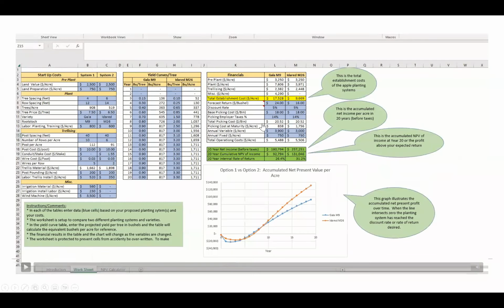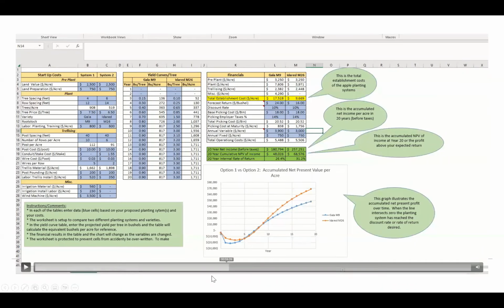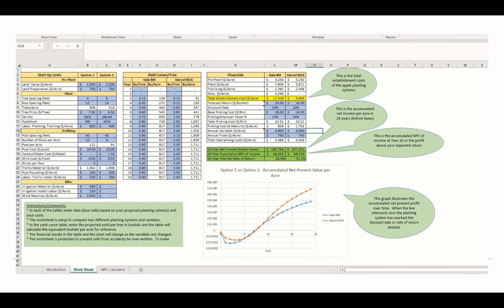And then I think I went through this at one point. Let me scroll ahead. You have a 5% discount rate here. If I adjust it to a 10% discount rate, that makes the cumulative net present value drop, right?